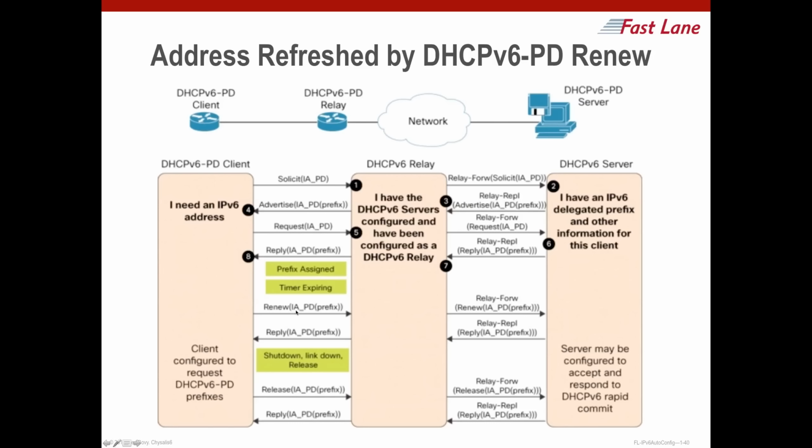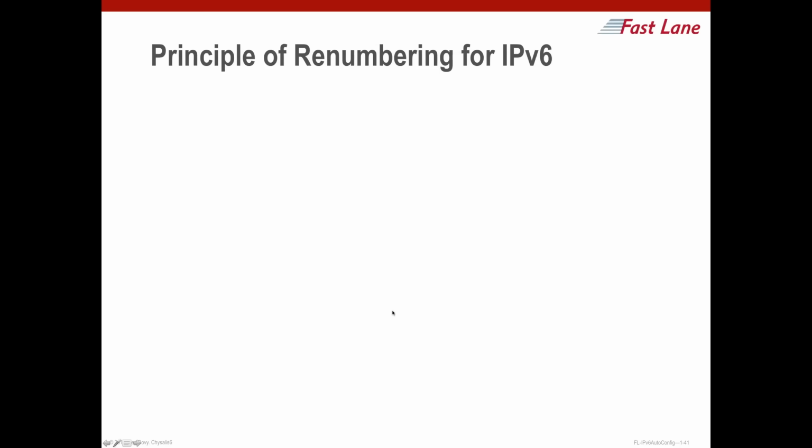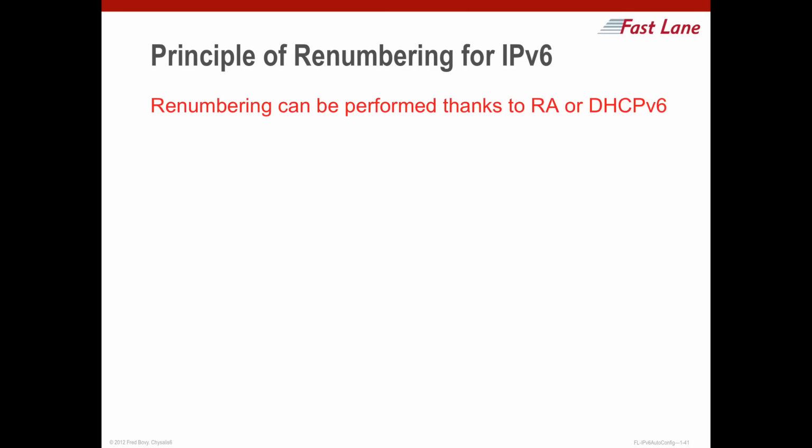Here it is with a DHCP renew. The renew is actually to ask the server to keep the prefix allocated for longer. The renumbering also relies on these prefixes. So the renumbering can be done with router advertisements or DHCPv6.